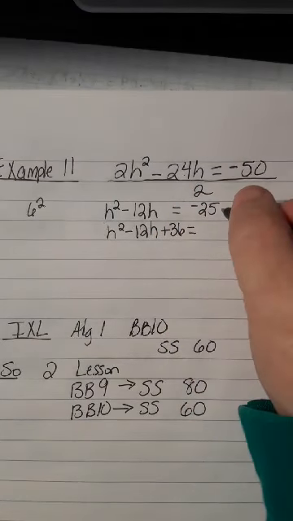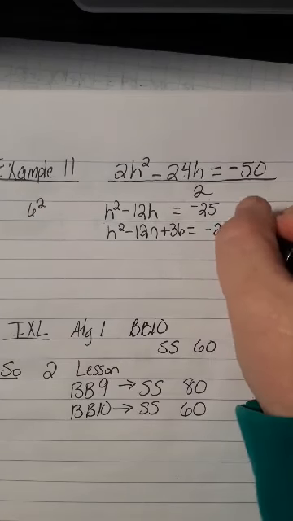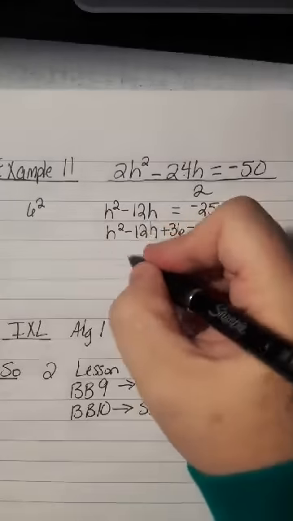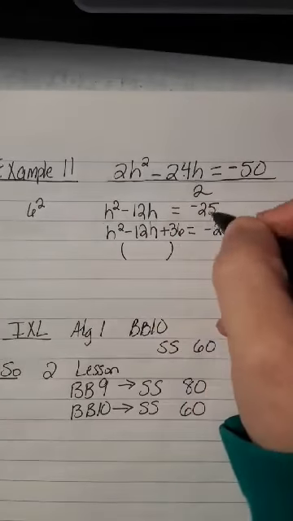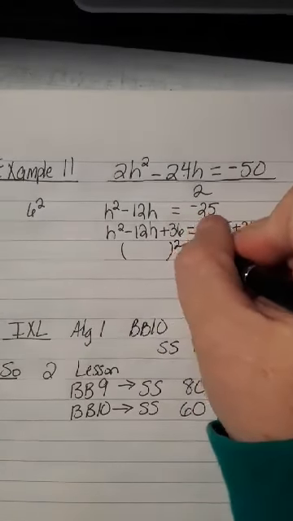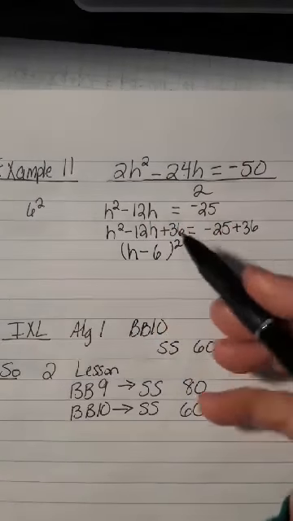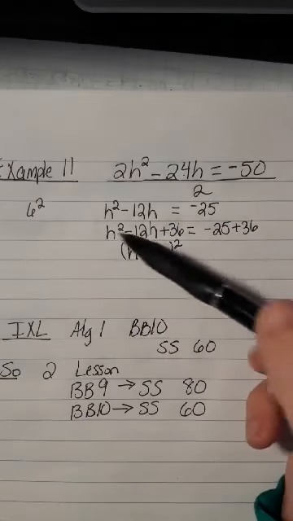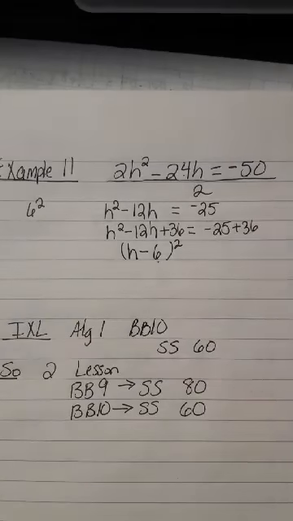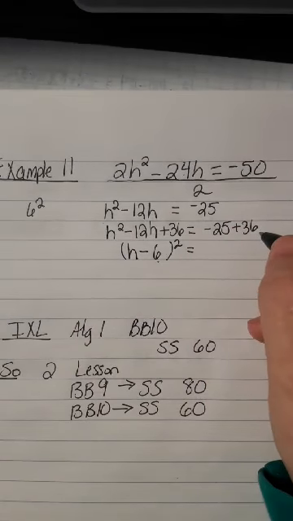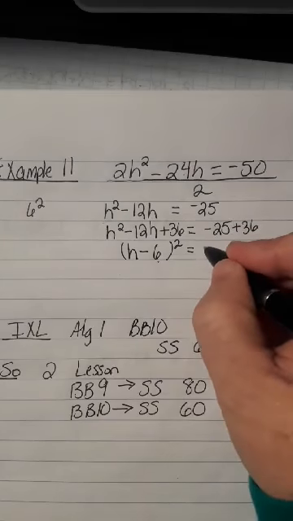We've got to add the 36 to negative 25. Negative 25 plus 36. On the left side, we're ready to put the factored result in our parentheses, which is going to be h minus 6, because you take the square root of 36, take the square root of h to the second, add negative 25 plus 36, which is positive 11.